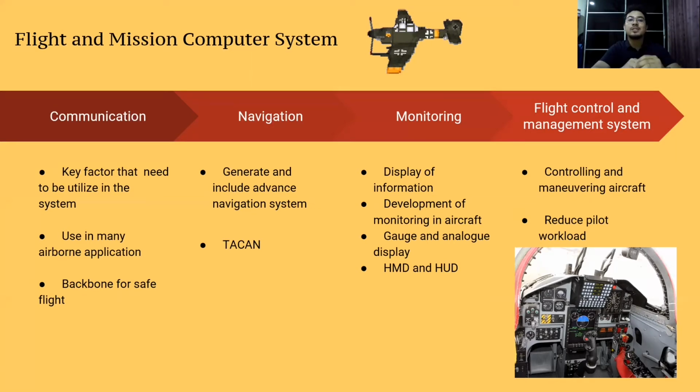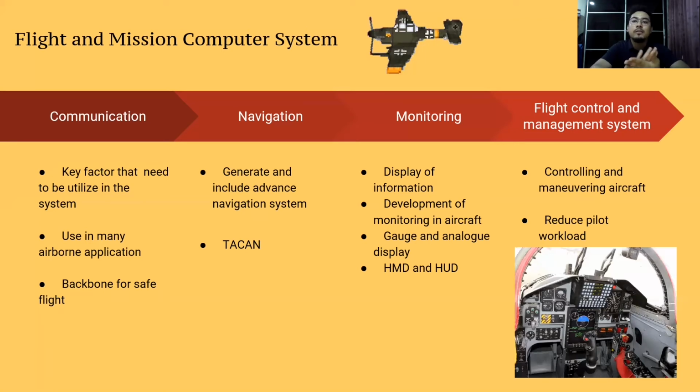Now let's get into flight control and management system. In this new age, the design and the manufacturing of aircraft have advanced. I can say that in order to handle the aircraft, it is harder. So this is where the flight and mission computer system plays a significant role in helping to control and maneuver the aircraft.